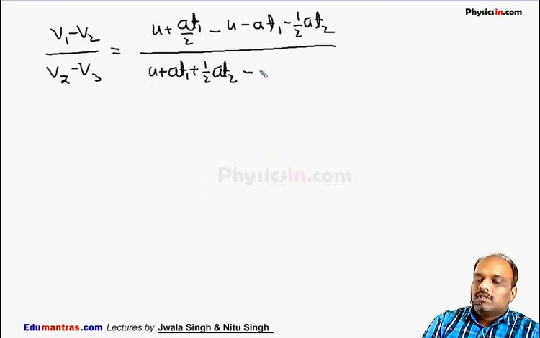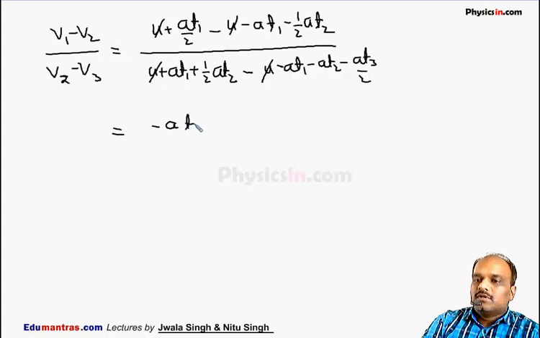So I will substitute it here. It is U plus AT1 plus AT2 plus AT3 by 2. I am putting a minus sign here because it is subtraction. So from here this U will vanish. This AT1 plus AT1 by 2 minus AT1 by 2 comes out to be minus AT1 by 2 minus AT2 by 2, whole divided by, now this AT1 and AT1 will cancel out.